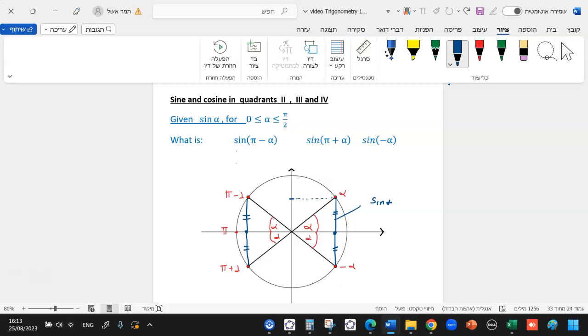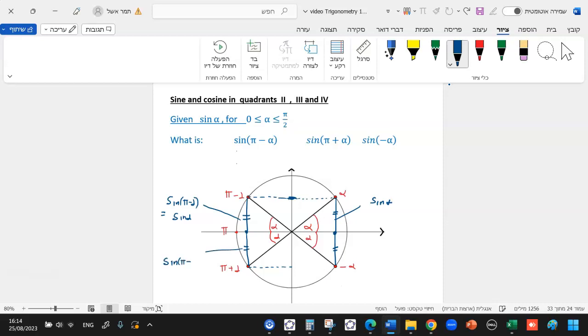The difference is only in the sign. This is sine of pi minus alpha, and we can see that this is just the same as sine alpha. They have the same y coordinate. For pi plus alpha, we can see that the y coordinate is the same in value, only it's negative.